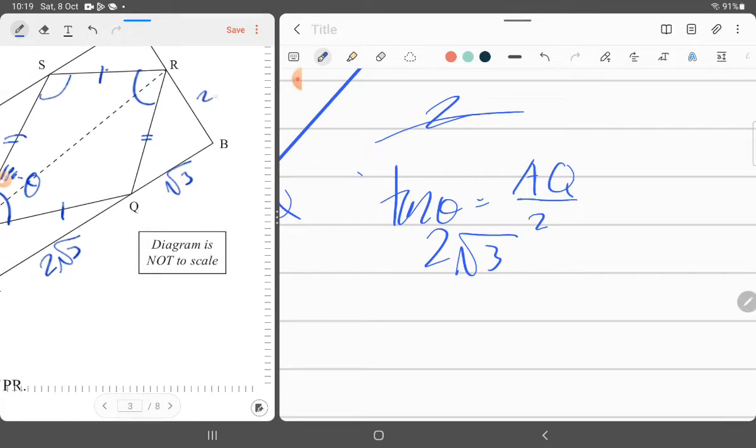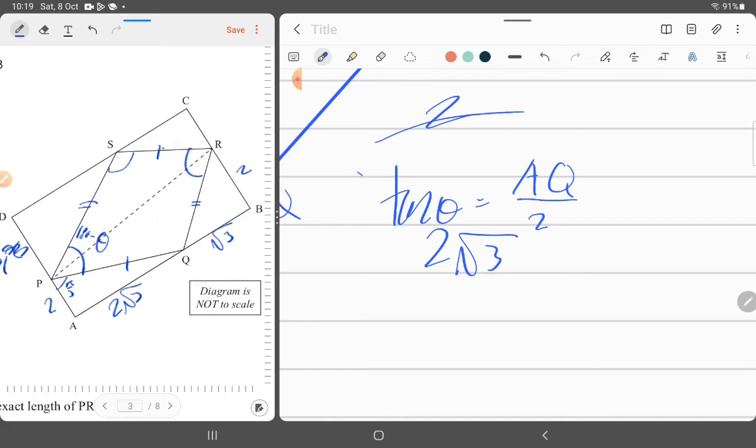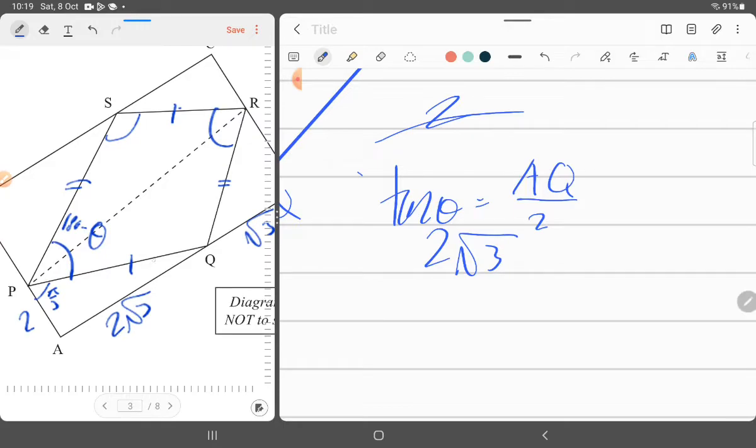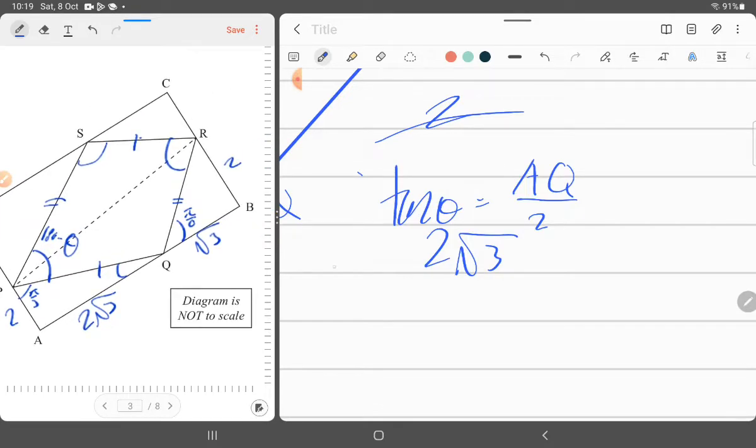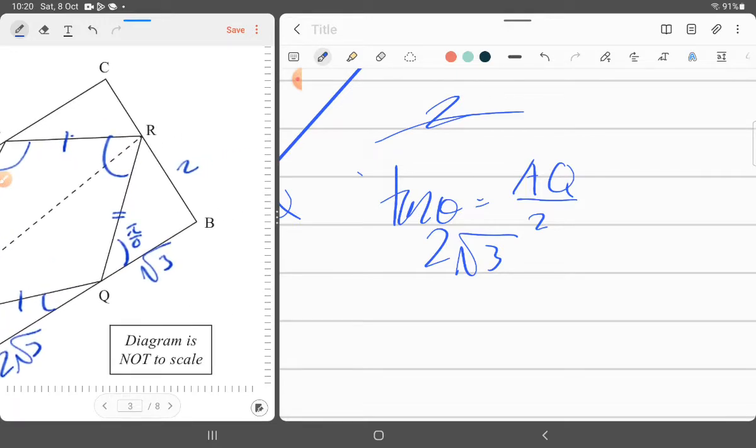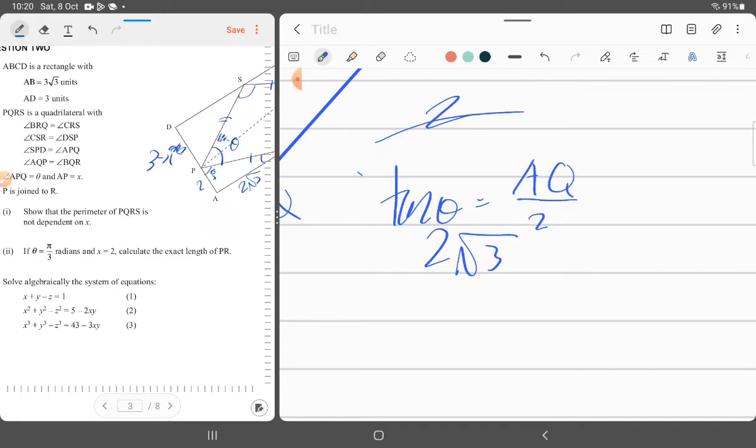Square root of 3 to, right, is that 2? Pi over 3, this is pi over 6. So tan pi over 6 is square root of 3 over, oh no, this is equal to 1. Alright, what was the question again? PR.